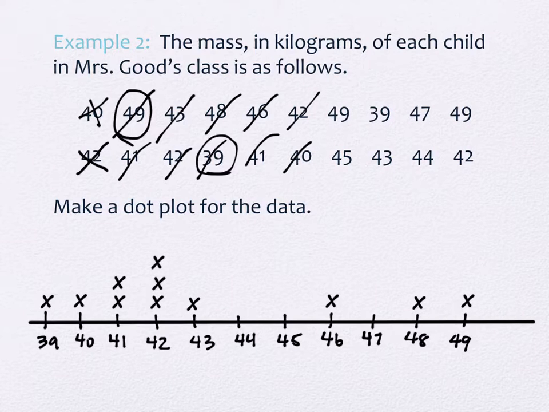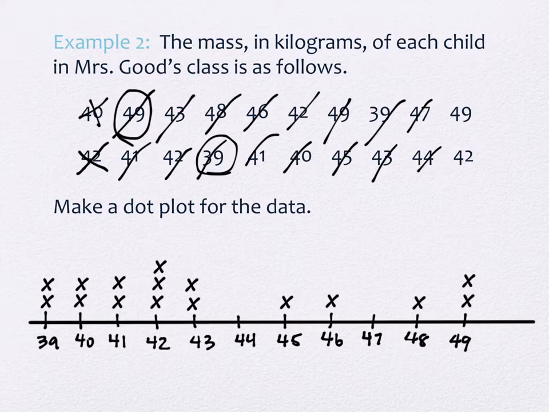So 42 now has 3 stacked on top of each other. 49 and 45. 39 and 43. 47, 44. And the last two are 49 and 42.